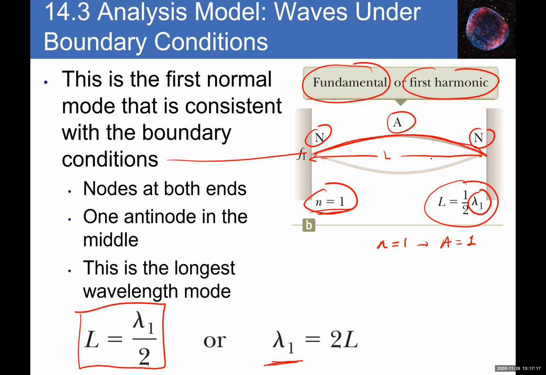So that is the relationship where lambda 1 equals 2 times L, because for n equals 1, we're only getting half of the wavelength distance. That's why, going from a node to an antinode, this is a quarter of a wavelength distance, because the distance from one node to another is half a wavelength. That means the distance from one node to an antinode, or from an antinode to a node, is always a quarter of a wavelength.